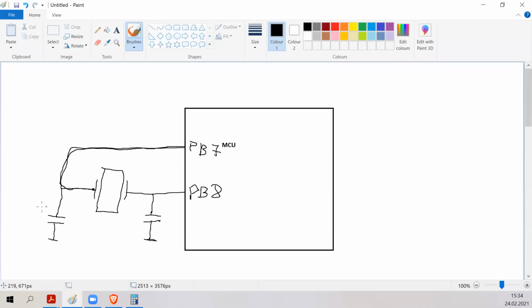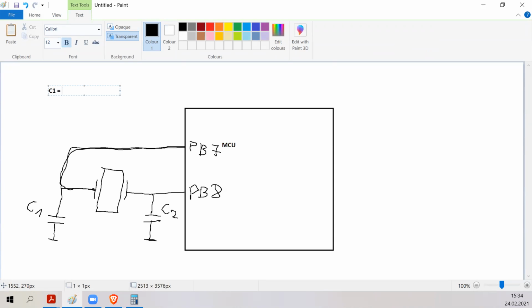And to calculate these C1 and C2, the formula, which you can find on the internet, is usually like this: capacitor number 1 equals capacitor number 2 is equal to 2 times the crystal capacitance plus the parasitic capacitance of the PCB traces.